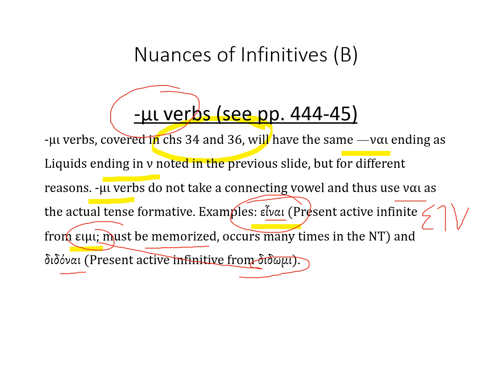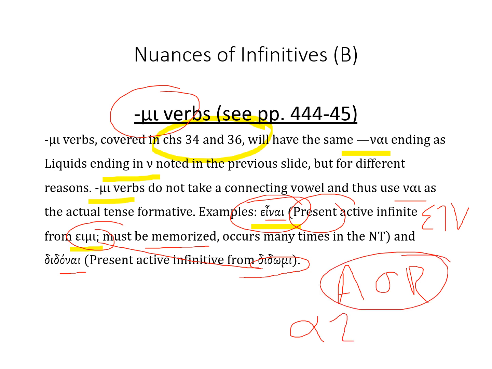So the nai there, what we need to remember is not being confused between the present and the aorist, because if we see this alpha iota ending, we're often going to think aorist. But if it is a mi verb, that is the way the present active expresses the infinitive as well.